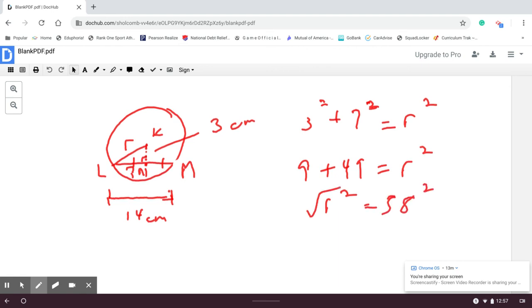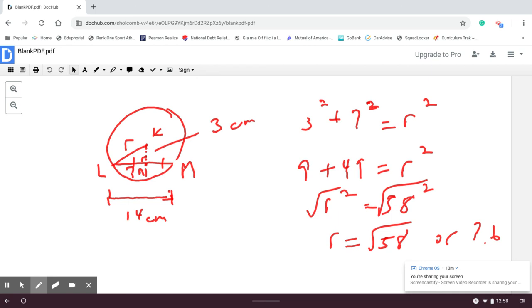Take the square roots of both sides. R equals square root of 58. And if they asked for an estimate, you could estimate that. I think it's around 7.6. If they ask for a radical format, then just leave it as a radical.